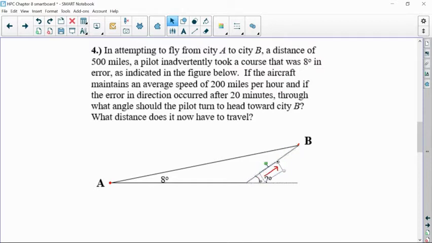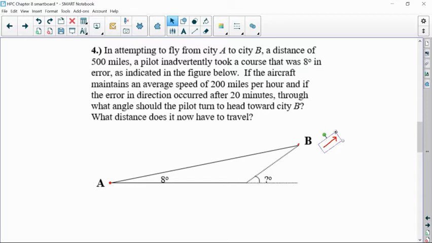I have to travel? Okay, and thinking about that angle to turn, just like that last example, it's going to be the exterior angle, and it's labeled here very nicely. So at least I know that. So then it's 200 miles per hour. An error occurred after 20 minutes. So that means that's a third of an hour.